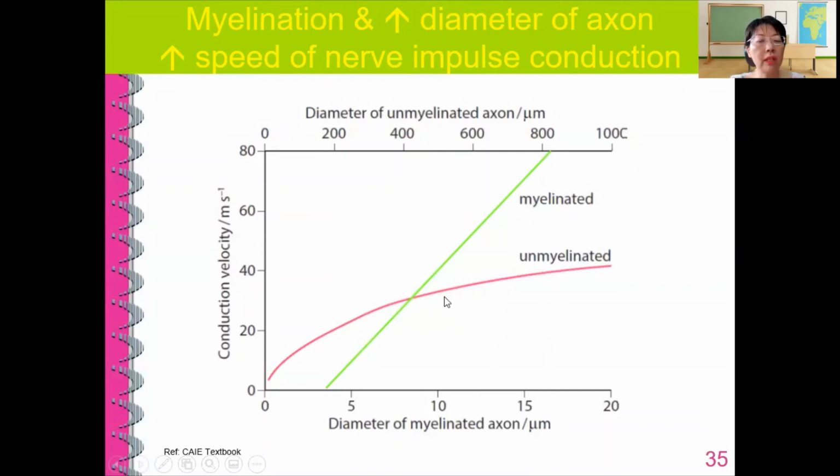But when it's very big, it's better to have got the myelinated neuron because the conduction of action potential is actually faster. Okay, so this graph also you can use to explain when is it that unmyelinated neuron is better than myelinated neuron, and when is it that myelinated neuron is better than unmyelinated neuron in the speed of conduction.